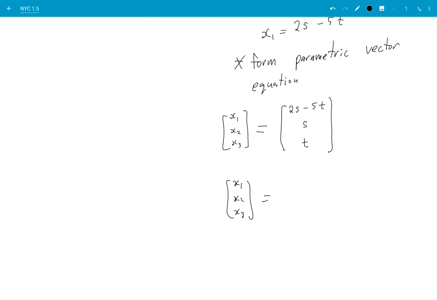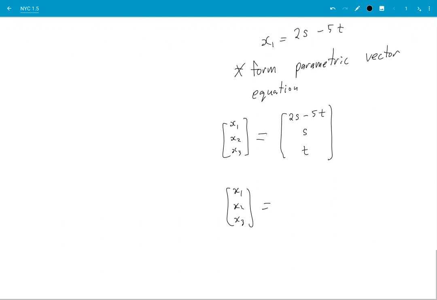The right-hand side I will pull apart. What do I get? Let's just do it in two steps: 2s, s, 0, plus minus 5t, 0, t.